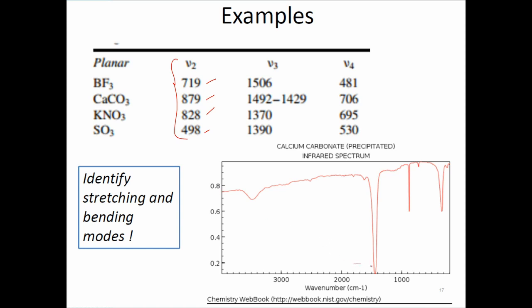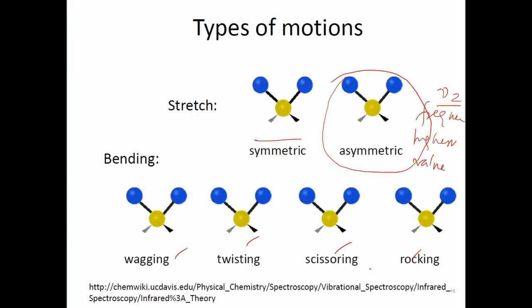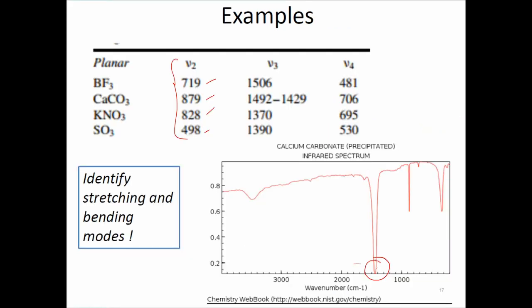And you can see that this is the nu3, which you have seen here as a symmetric bending, has got a very good value, and for the calcium carbonate, that comes to about 1492 to 1429, with an asymmetric stretch of about 879 as well. This comes to around here.